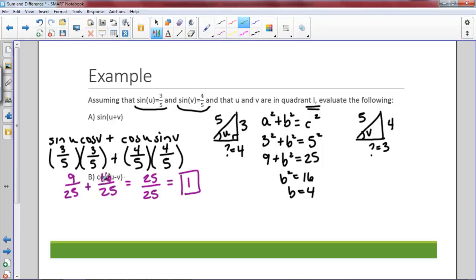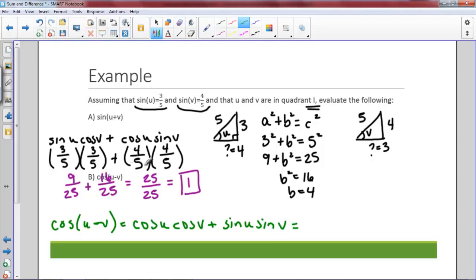Okay, and if you remember part B, I kind of wrote over top of it, so I'll just rewrite it down here. We're looking for cosine u minus v, and that formula was cosine u cosine v plus sine u sine v.